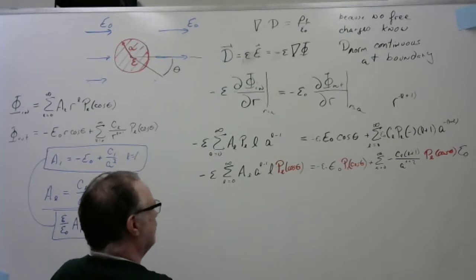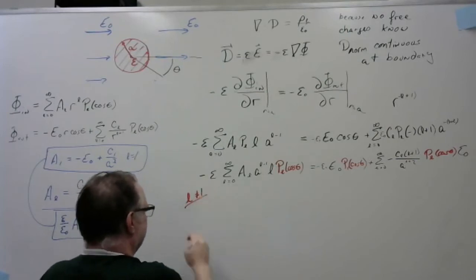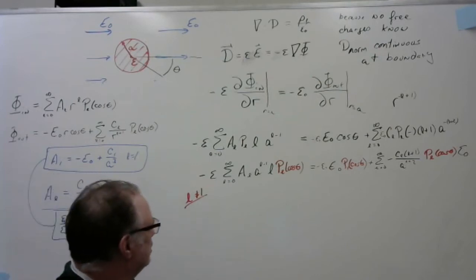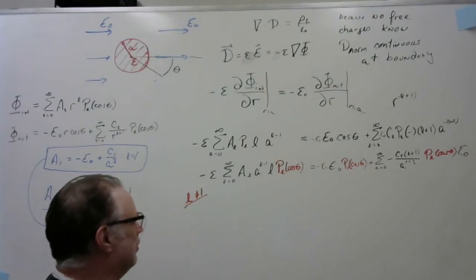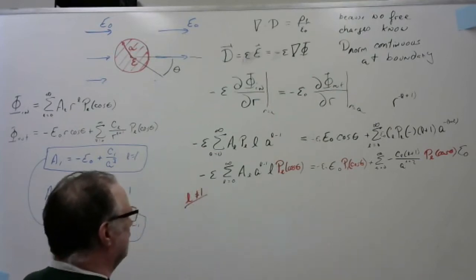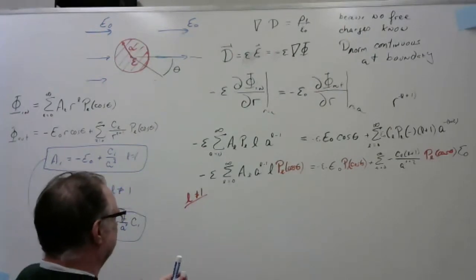Let's rewrite this thing for L not equal to 1. So we're going to match the coefficients. We're going to eliminate this because there's no L equals 1. I'm going to divide through by negative epsilon naught.